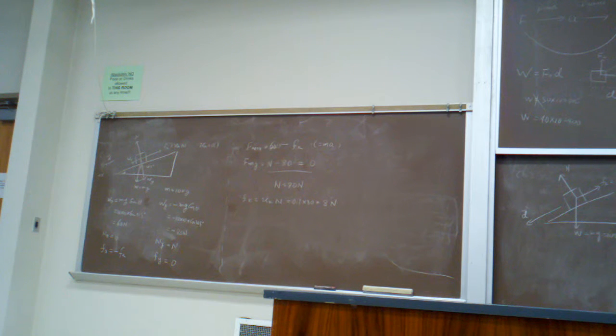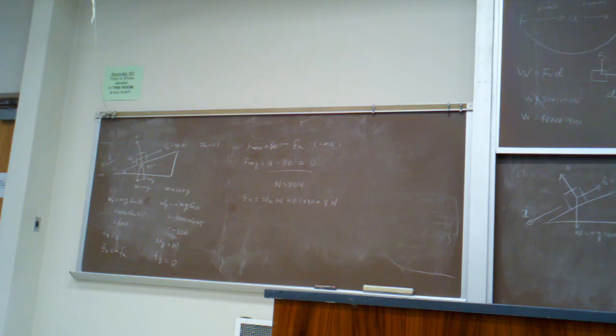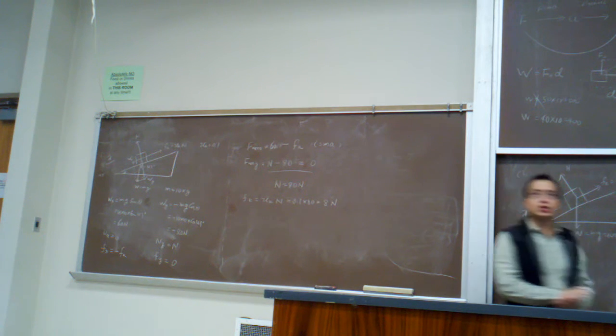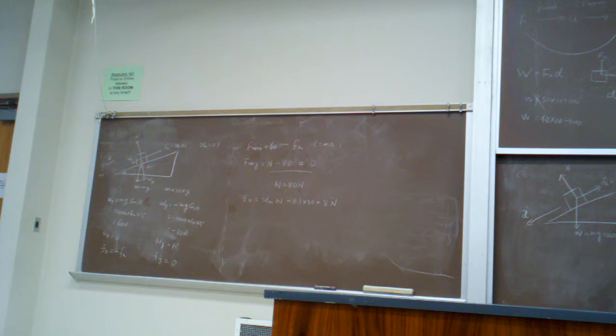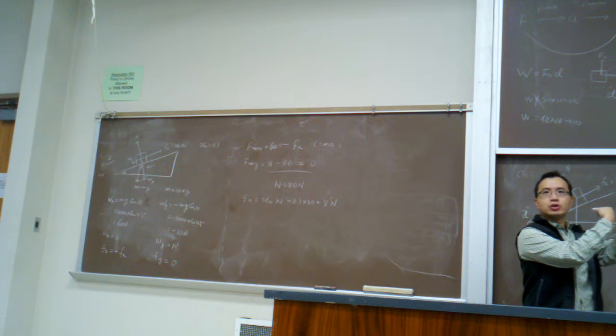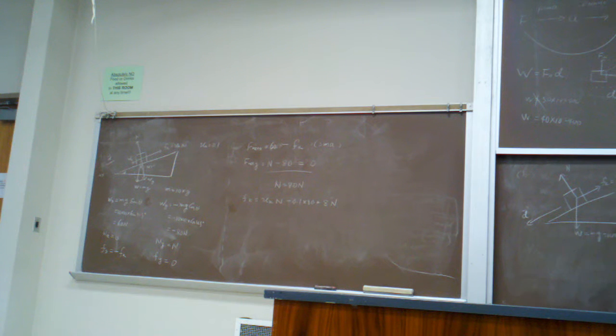What's the distance? 8 times 20 equals 160. And here I leave the blank because if you don't remember this conclusion, you can just write it in the standard form: Fk times d times cosine 180 degrees. The frictional force is opposite to the motion. The angle is 180, and cosine 180 is exactly negative 1. So you get the negative sign here. Okay?